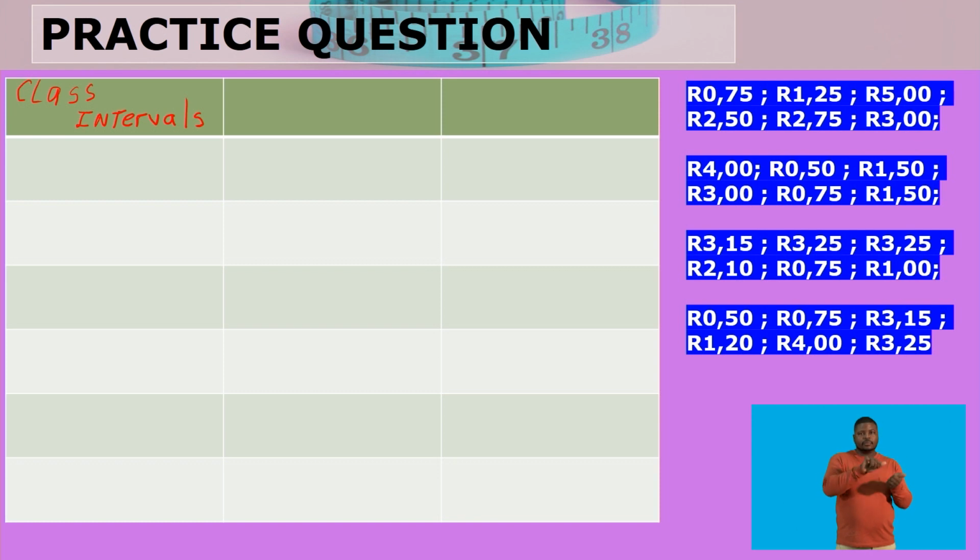Then the middle column, that's our tally column. And the last column, the new one, that's the frequency column. Right, and that's the gist of it.